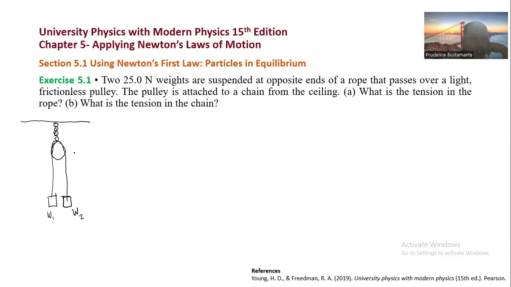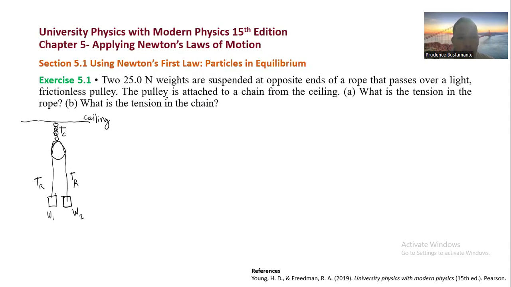This is a rope, so we have the tension on the rope. Both tensions here are equal, and we have here the tension on the ceiling. So this is the setup of our problem.